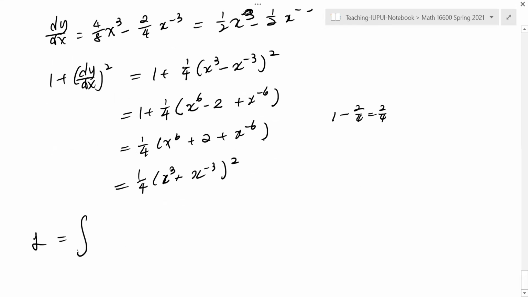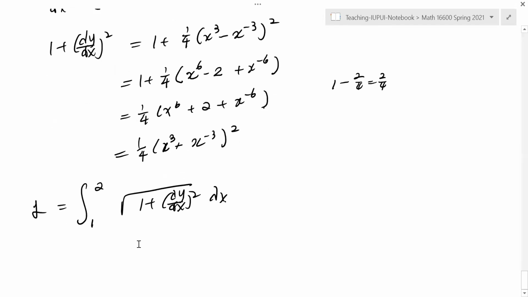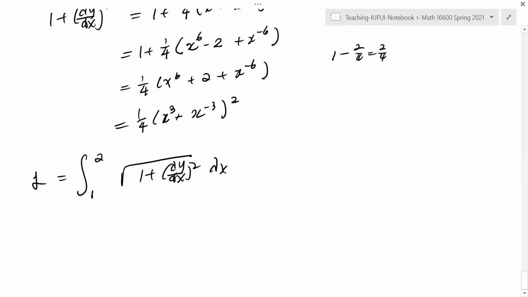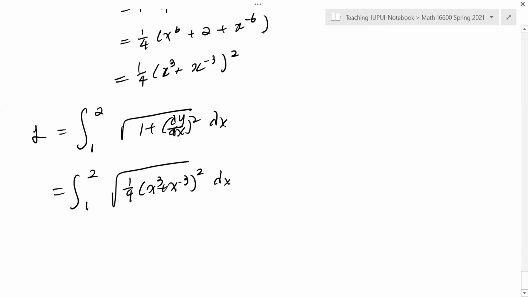So the length is going to be x from 1 to 2, right? This is what the formula gave to us. But now we know that inside the radical, it's a square of something. Okay, so you can get rid of the radical, then you can evaluate the integral. We're pretty lucky for this problem.